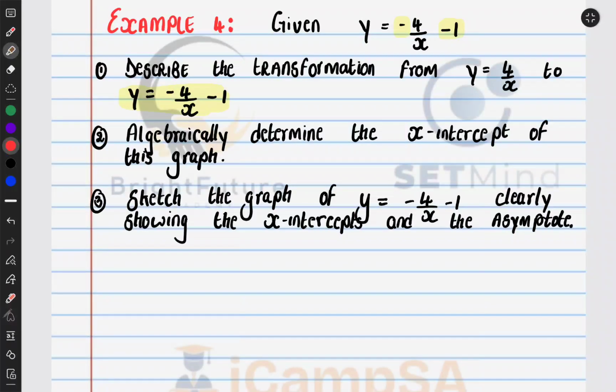Now let's put what I've just said in words. So for number 1, y is equal to 4 over x.